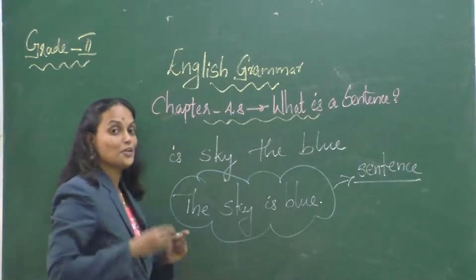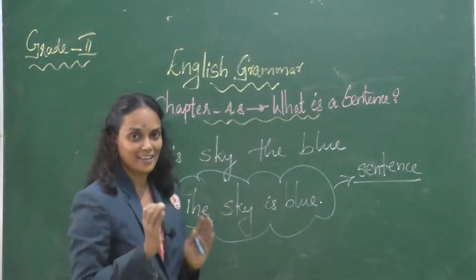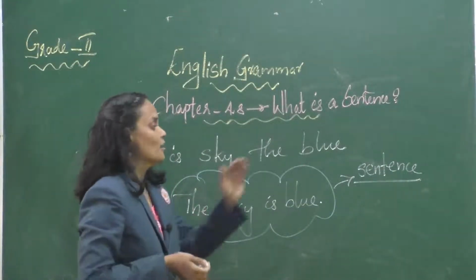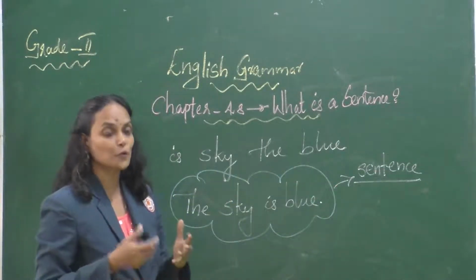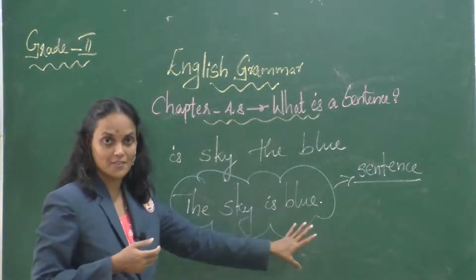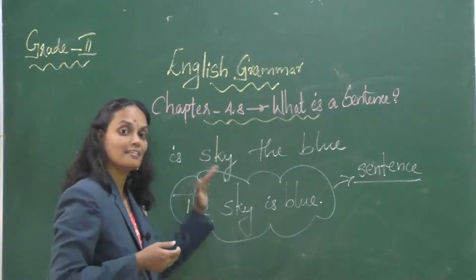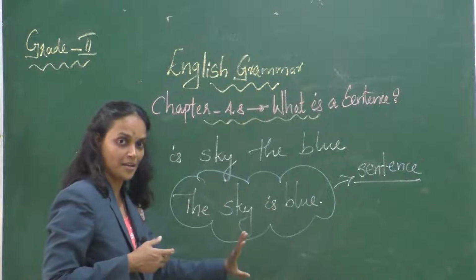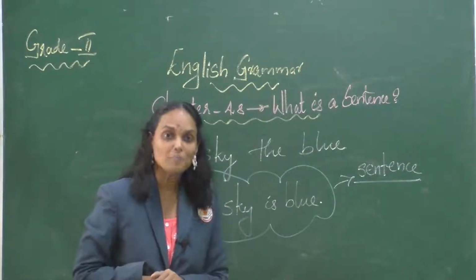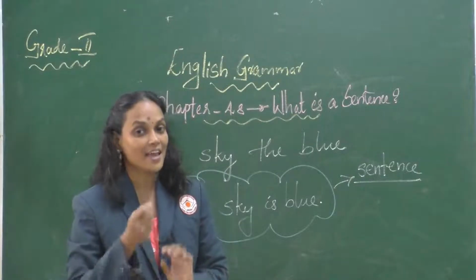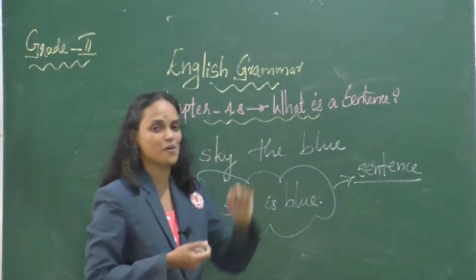S-E-N-T-E-N-C-E. Sentence. We know the word sentence. What's a sentence? A sentence is a group of meaningful words arranged in the right manner to get a complete thought. Normally, sentences end with a full stop.